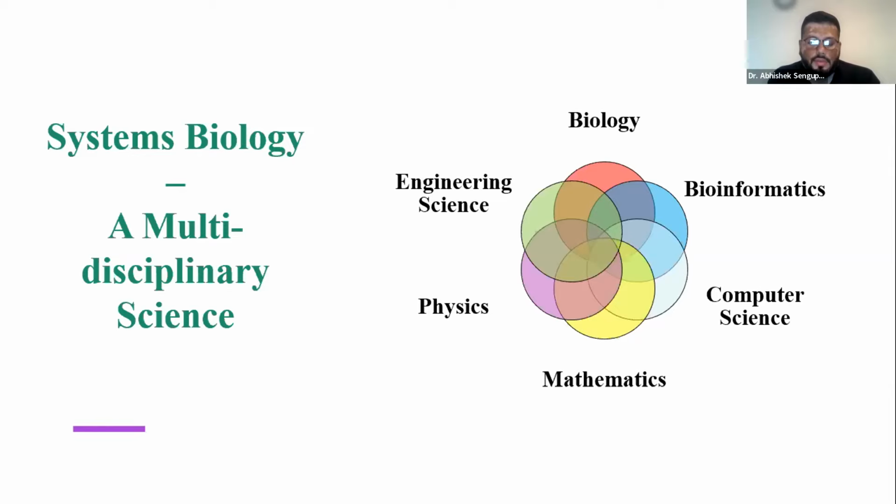Stoichiometries are anyway matrices. So matrices, kinetic equations, all these are mathematical tools used here to solve problems in systems biology. So I hope you understood why systems biology is basically a multidisciplinary field of science.